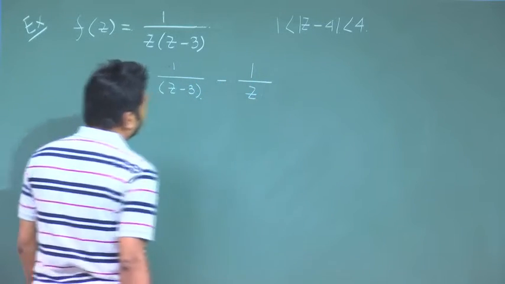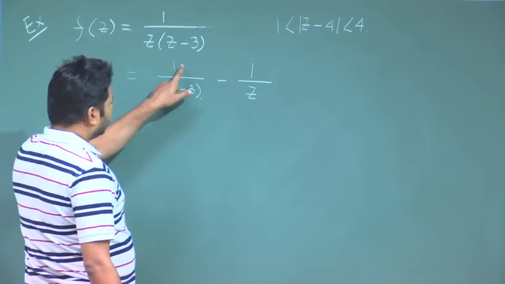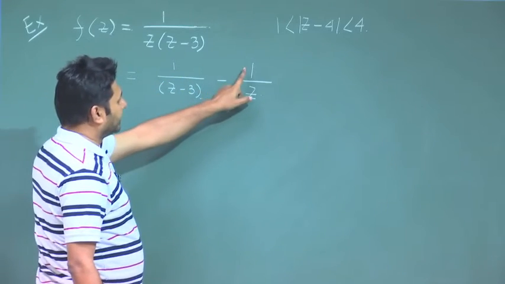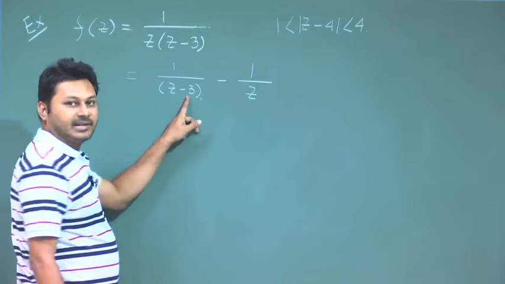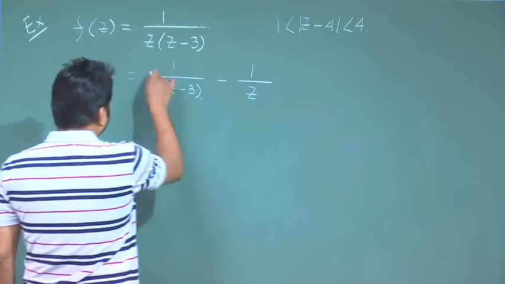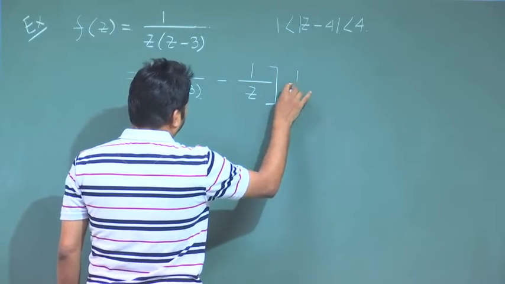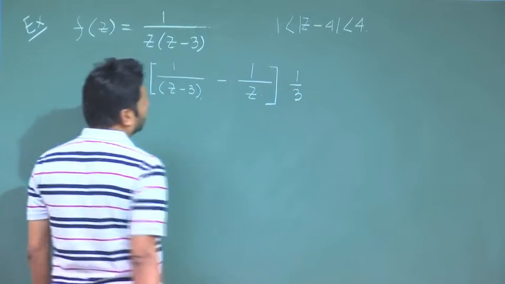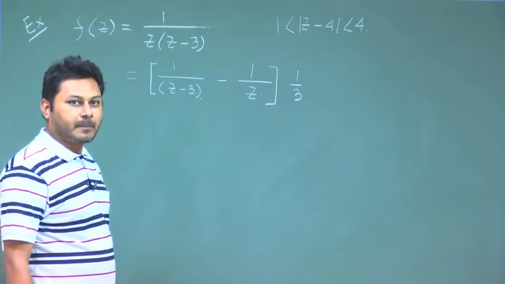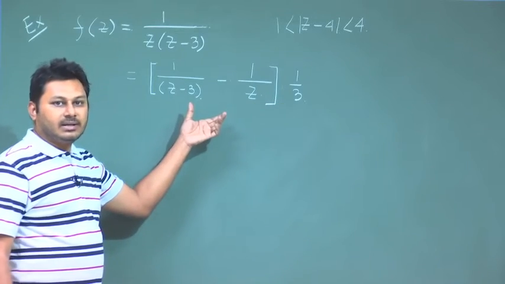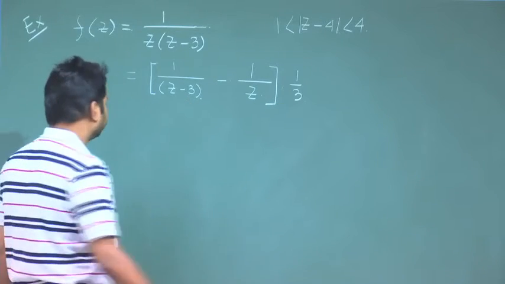If I do, then z comes here, z minus 3 comes here, z will cancel out, but one extra 3 term we will have here. So, this 3 I need to take care of with this 1 by 3 term.